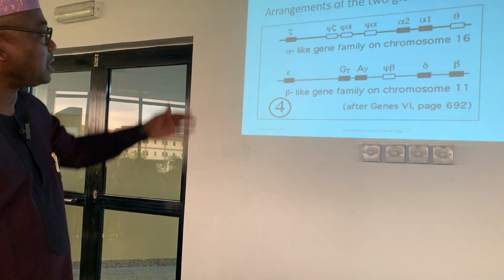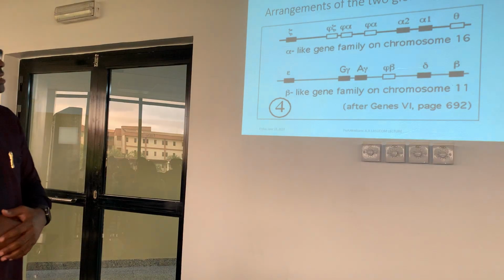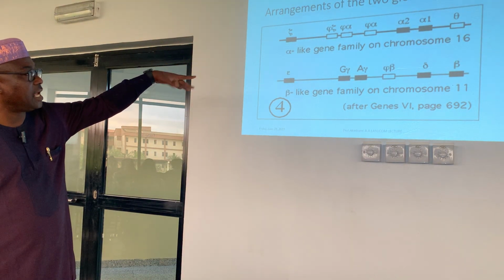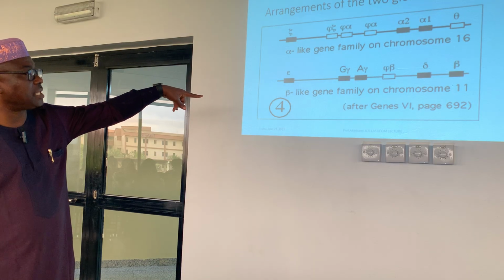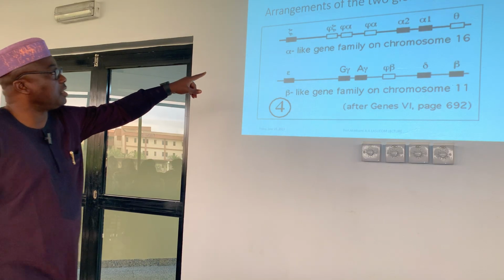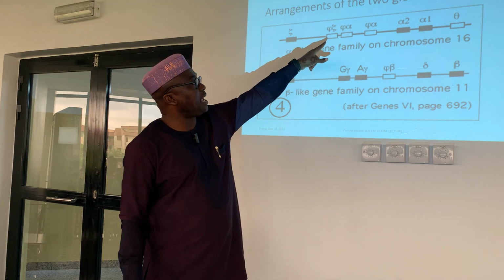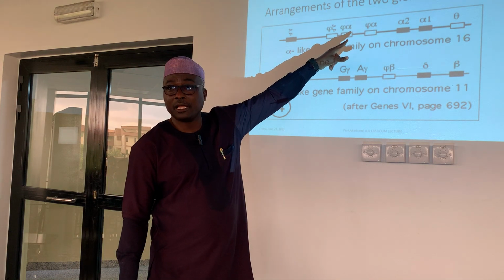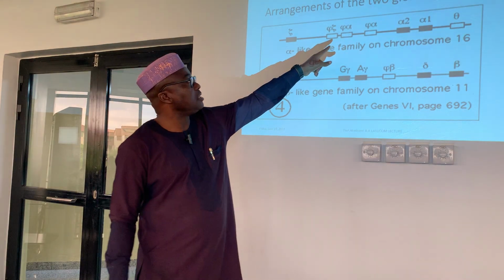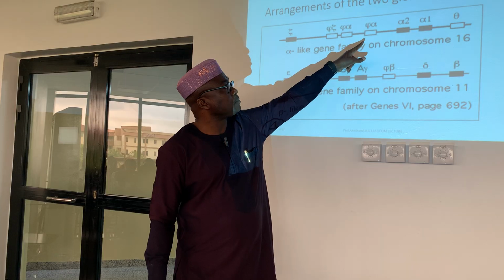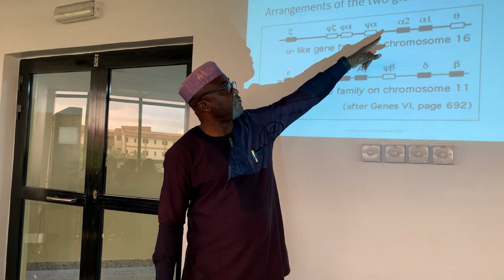Okay, so this is another genetic diagram of the alpha-like and the beta-like genes. You can see all the alpha-like: this is the zeta, this is psi zeta. They are called pseudogenes, I'll talk about it later. This is psi alpha, this is alpha 2, alpha 1.